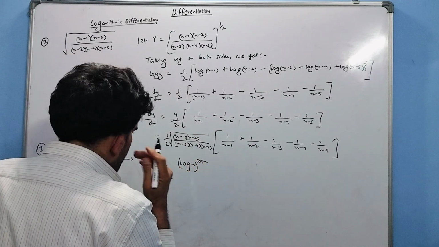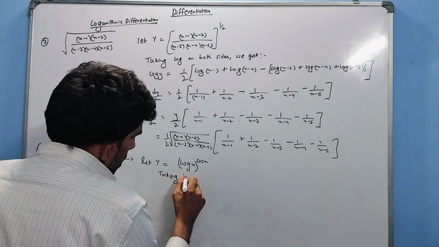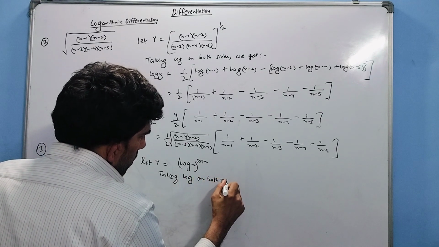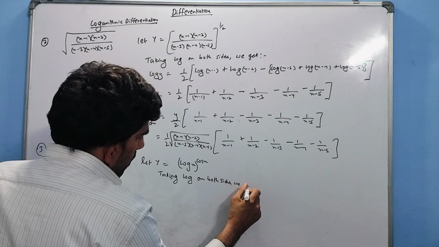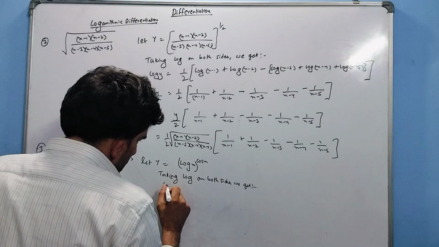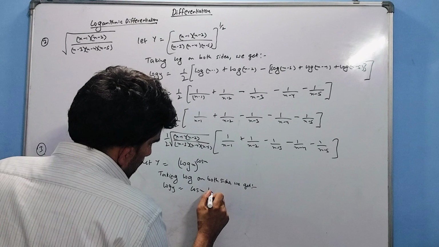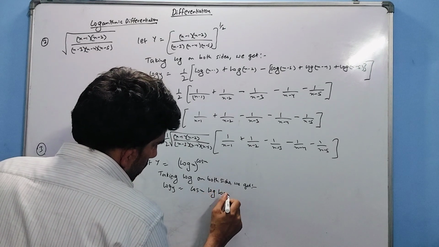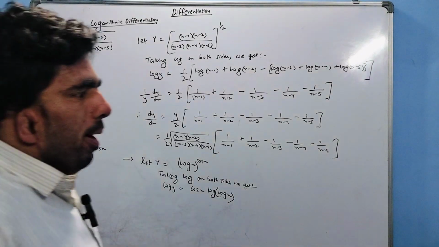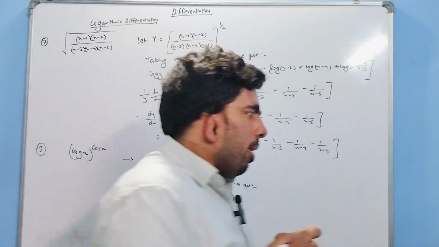So what we will do is take log on both sides, we get log of y is equal to cos x log of log x. So how will we differentiate? By using the product rule, we'll try to differentiate it. Okay, let's try.